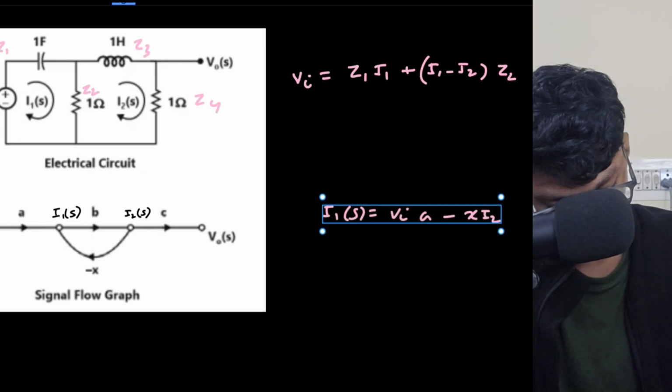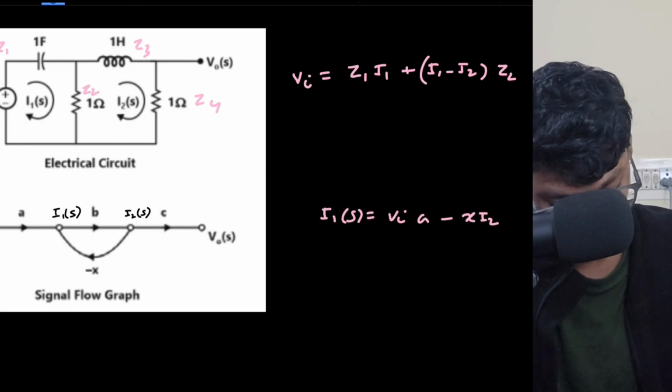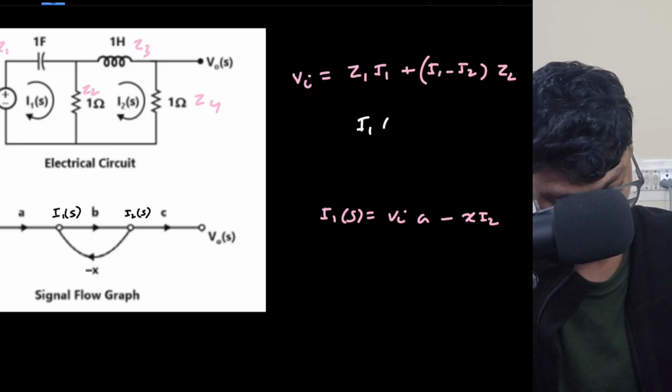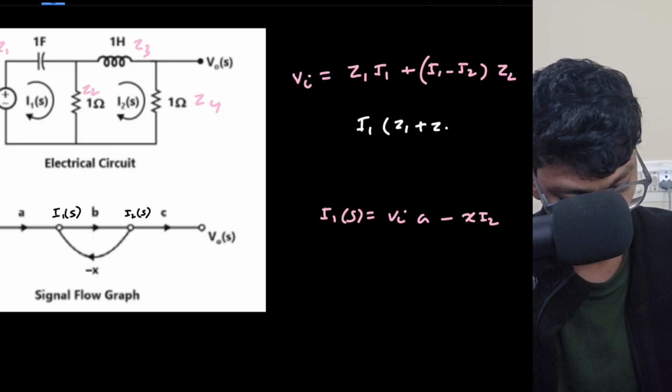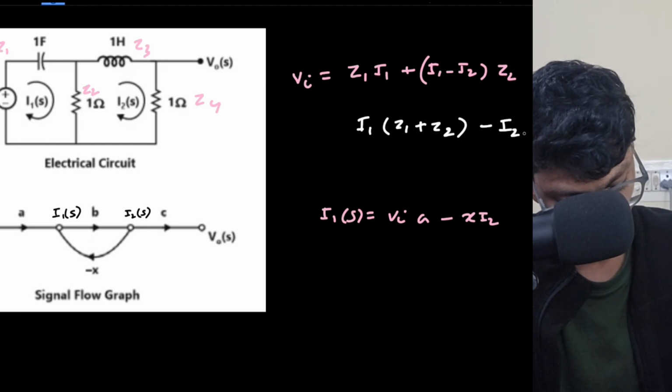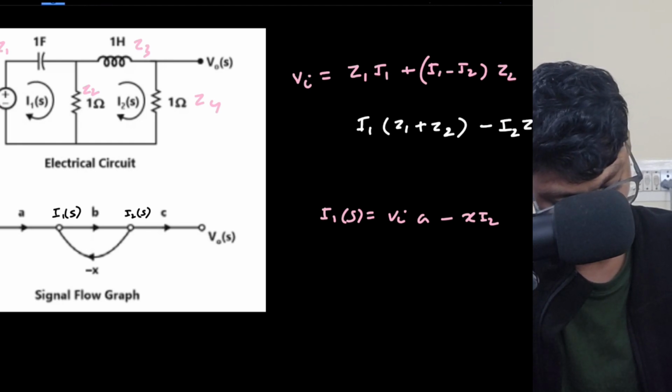So what is my I1 here equal to? I can write my I1, if I take common, this will be I1 into Z1 plus Z2 minus I2 Z2.